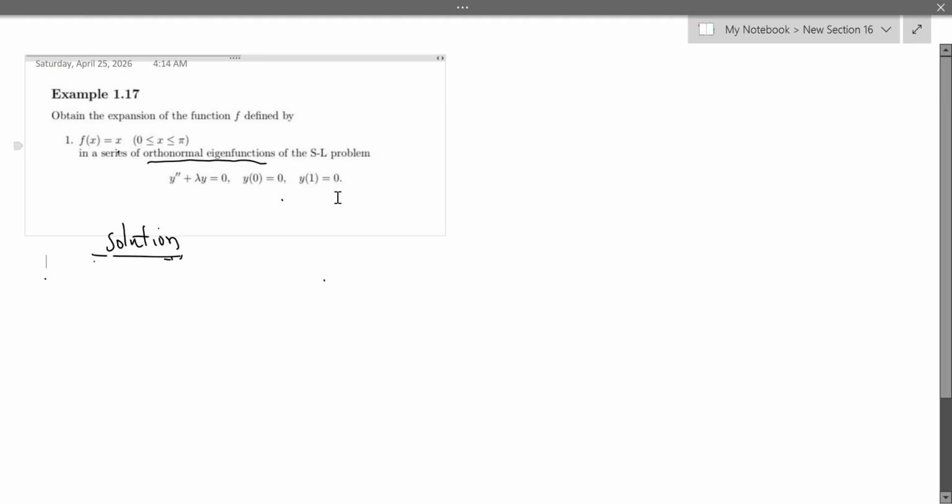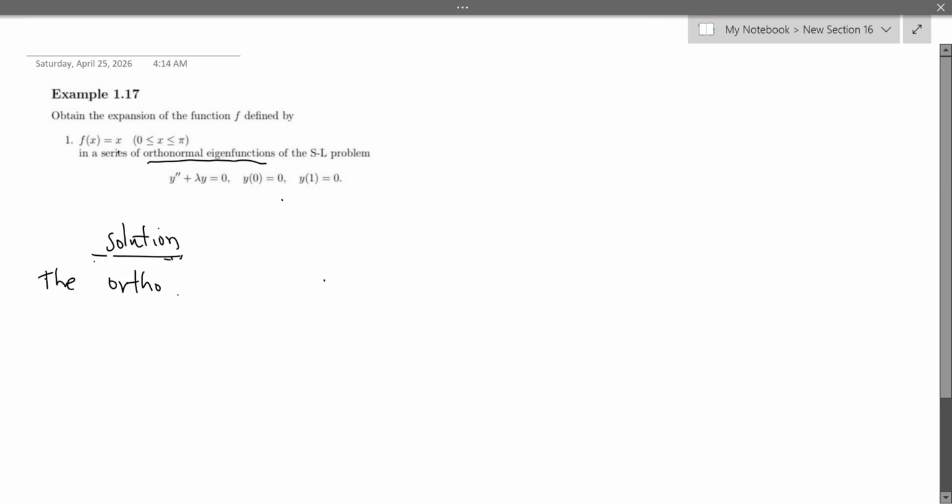If you are given this to do, probably in your exam, you will need to solve for how you get your orthonormal eigenfunction. So I recommend that video. Go and watch it. You see the total steps on how to get the orthonormal function. So let's start.